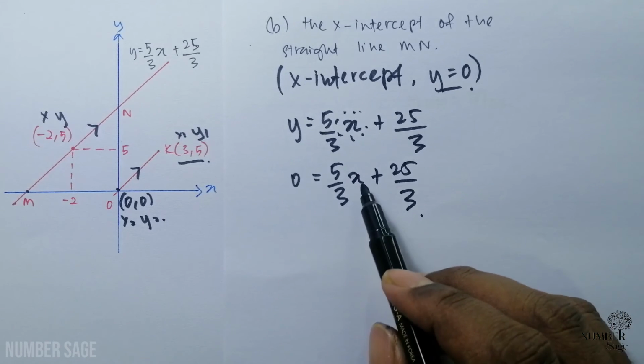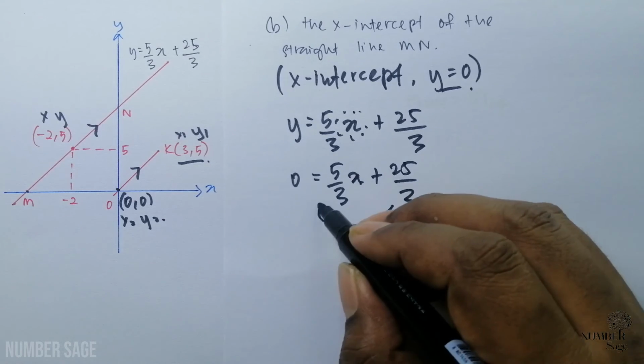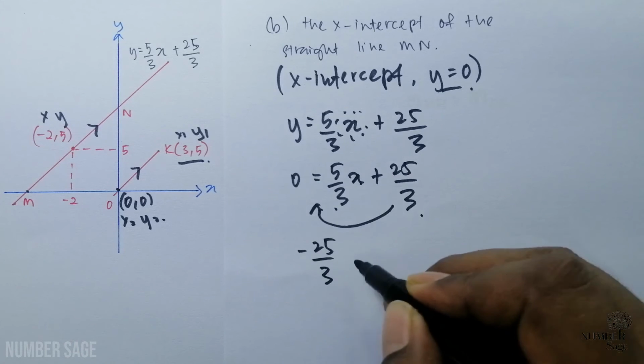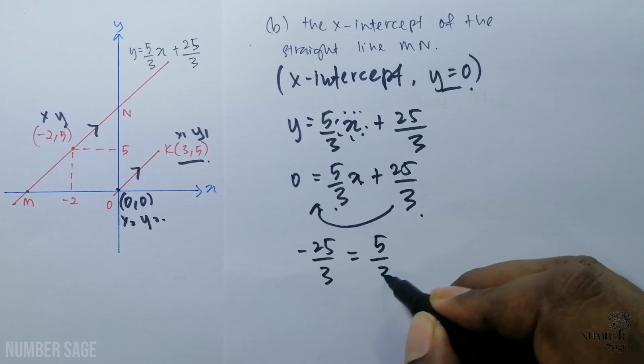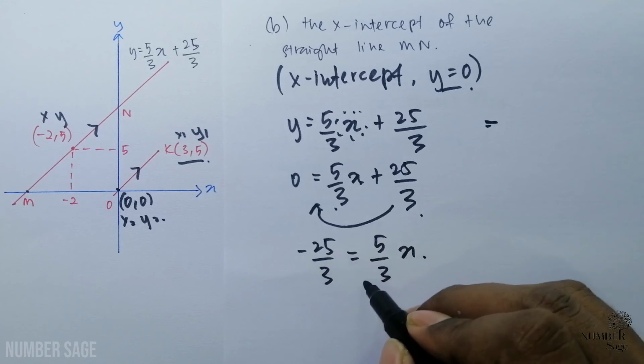Now we have to solve this equation to get the x coordinate. Let's bring this to the other side. This will give us negative 25 over 3 equals 5 over 3 x. Now let's bring this 3 to the other side.